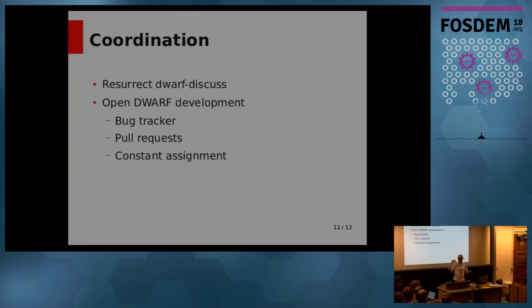Well, why did they say that? The reason is, if you send a message to DWARF discuss, usually what you get is a message saying, well, you should file a bug and please don't discuss it here. But then you file a bug, and it's weeks before it's even visible.